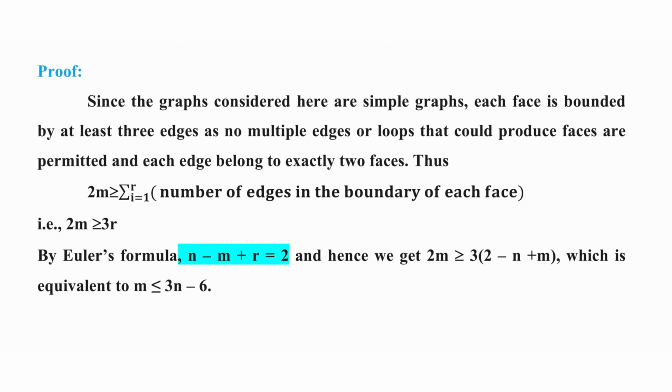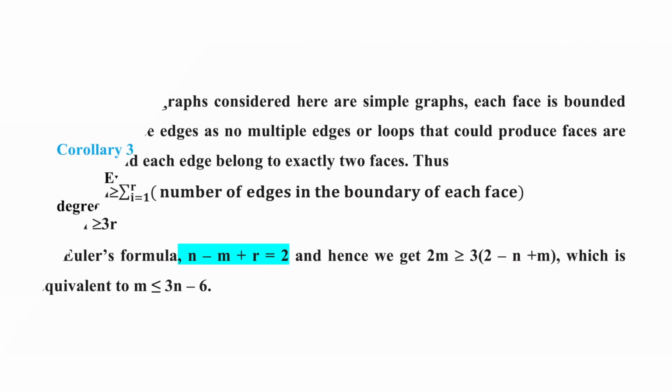Hence, 2m is greater than or equal to the sum over i equals 1 to r of the number of edges in face i, that is, 2m is greater than or equal to 3r. By Euler's formula, n minus m plus r is equal to 2, and hence we get 2m greater than or equal to 3 into (2 minus n plus m).